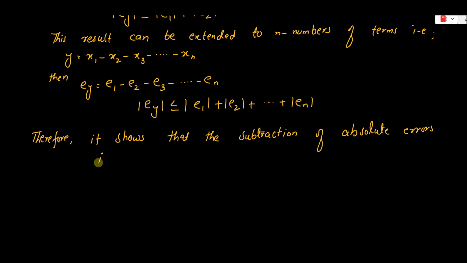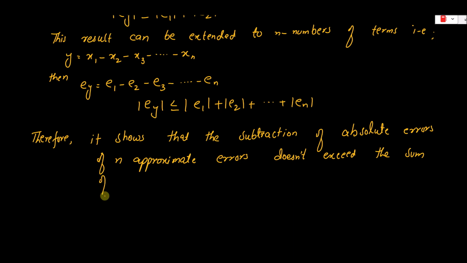So the error of an approximate number does not exceed the sum of the absolute errors of the numbers.